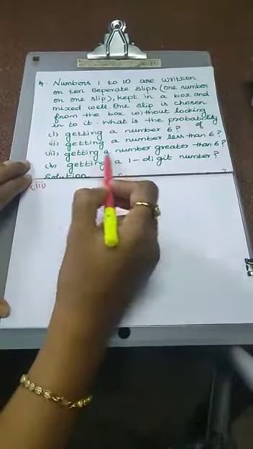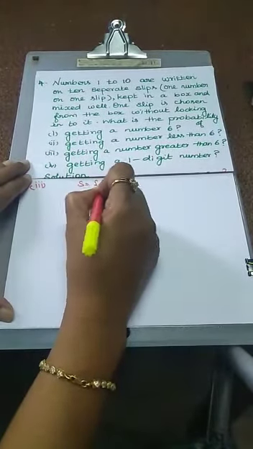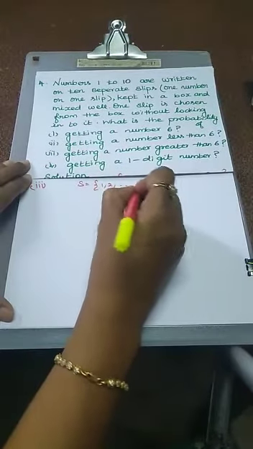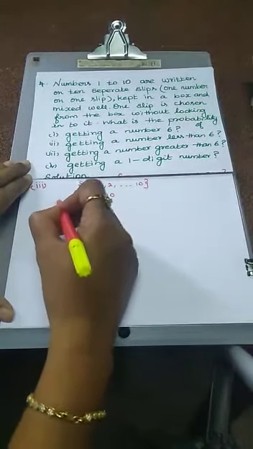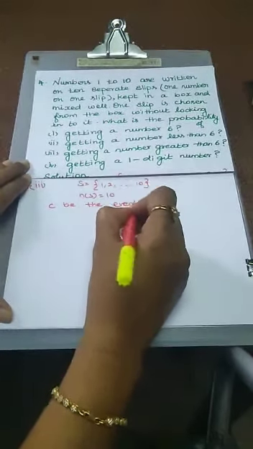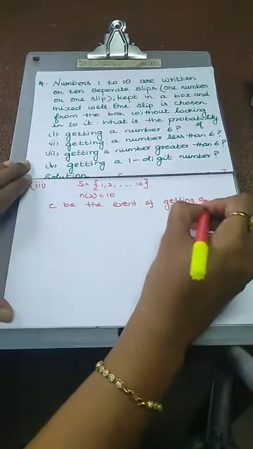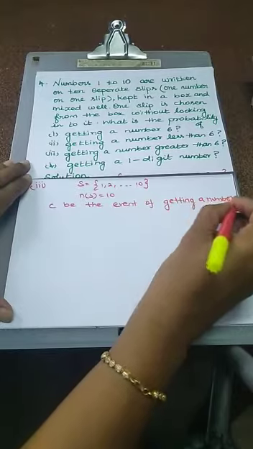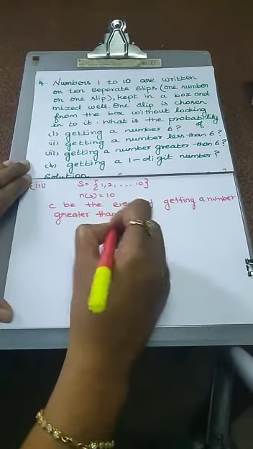Third subdivision, getting a number greater than 6. Our sample space is 1 to 10 only, so N of S is equal to 10. Let C be the event of getting a number greater than 6. How many numbers do we have greater than 6?